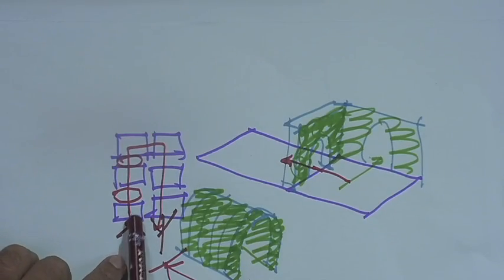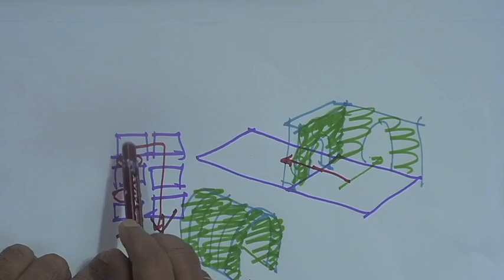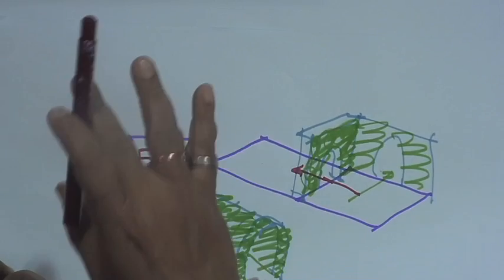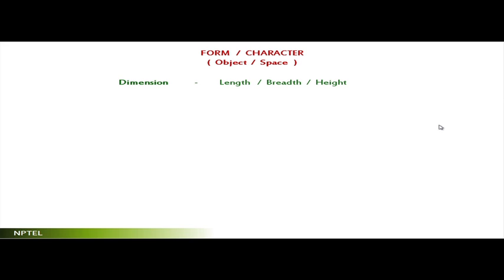This refers to arrangement, but quality of this, characteristics of this space, they are related to the aspect which I am going to discuss now. With respect to form and character of the object or space, these are the principles which are very, very applicable.